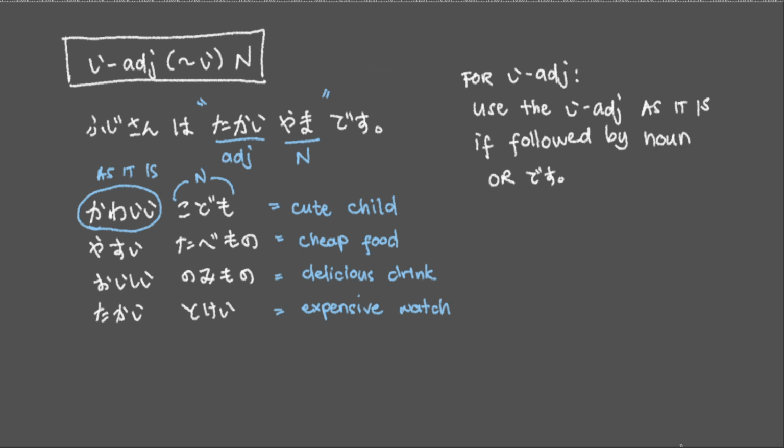So those are the e adjectives and na adjectives followed by a noun, used as a noun modifier.